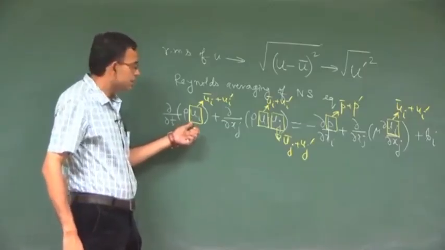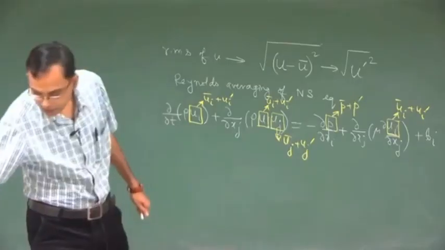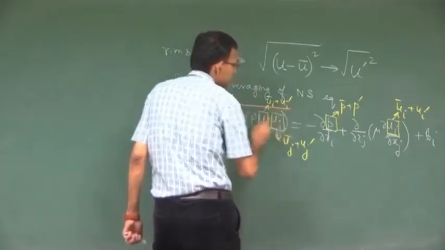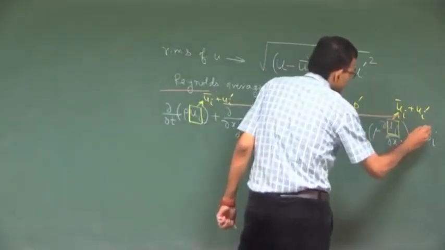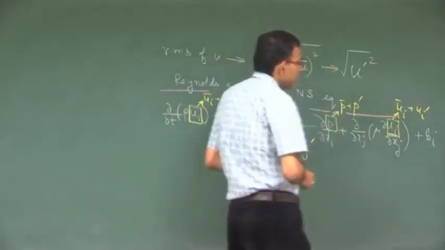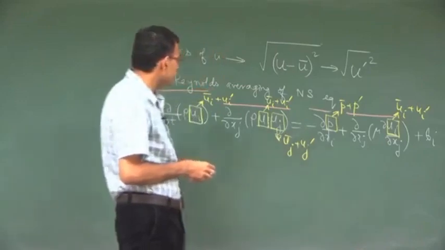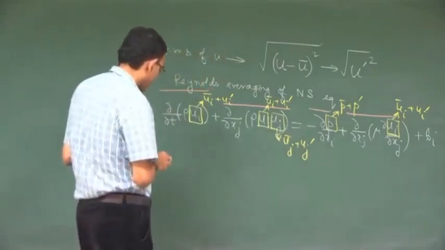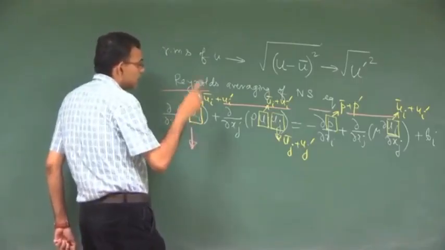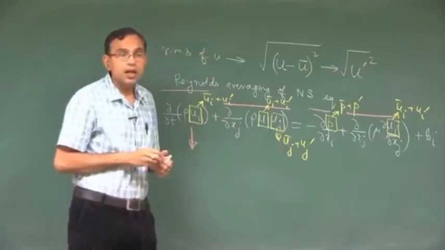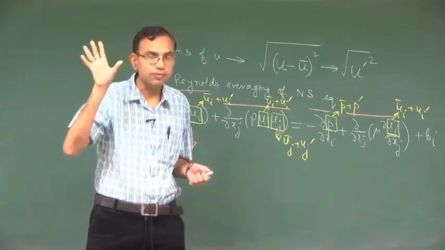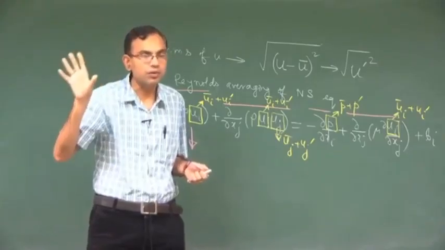Then the next step is that we will do an averaging of this equation, putting a bar at the top of all the terms. What will be the result of this? Another important point which I have missed: ideally you should also resolve rho equal to rho bar plus rho prime, because density may also be fluctuating in a turbulent flow.